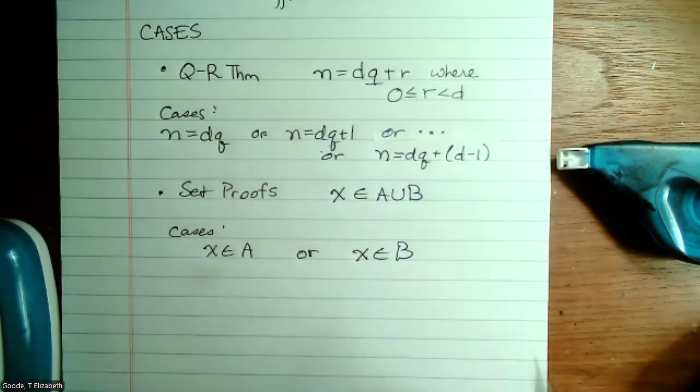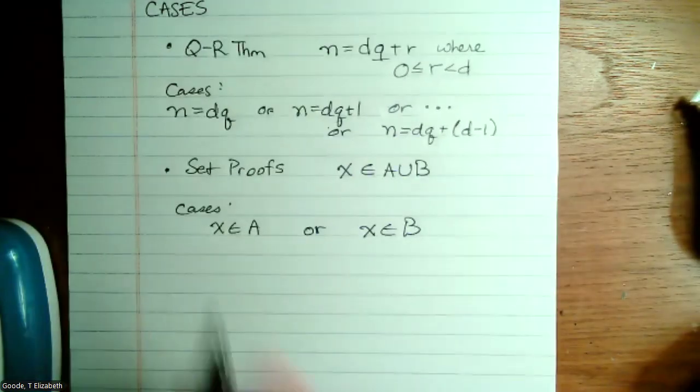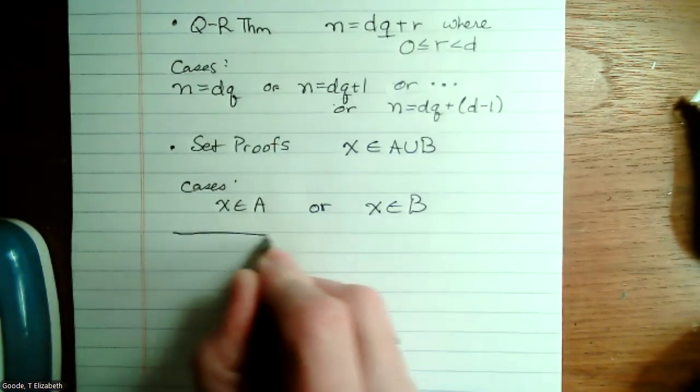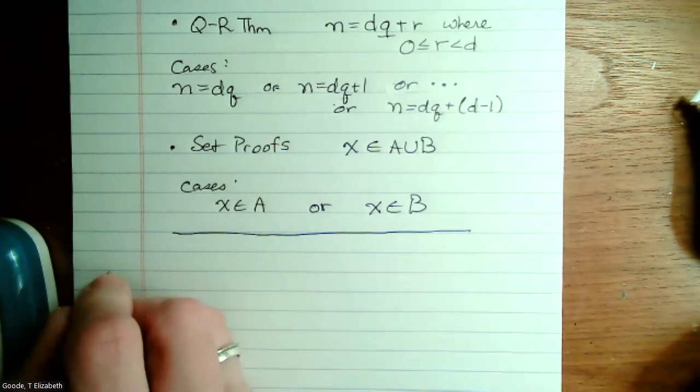So let's look at a classic example of a couple of proofs by cases from chapter 4, where we were using the quotient remainder theorem. These will be good ones to practice on.